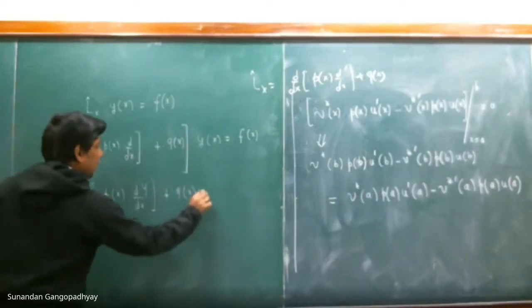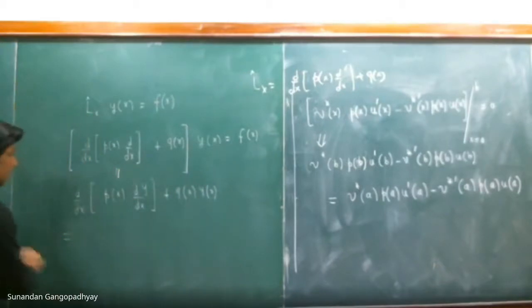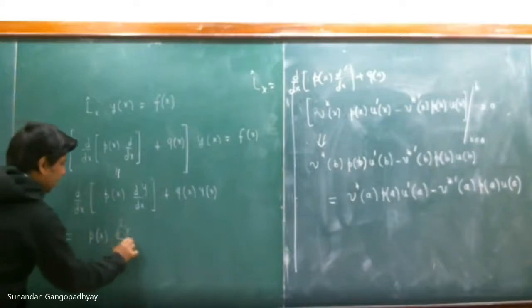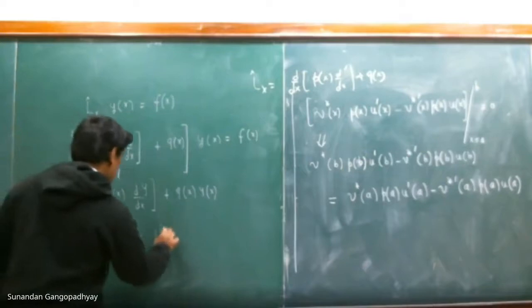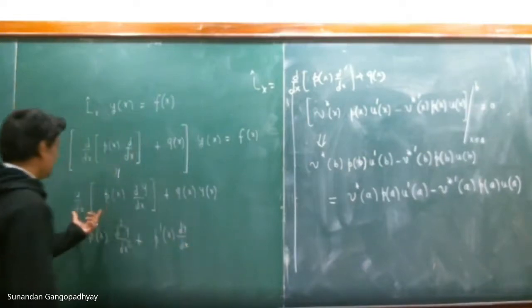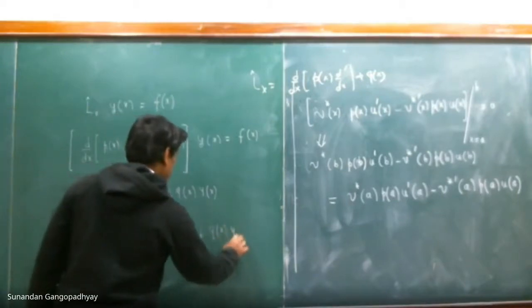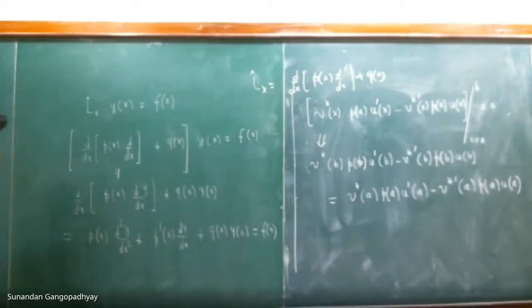So I'm just writing this left hand side, and therefore this is nothing but p(x) d²y/dx² plus p'(x) dy/dx. So you get these two terms plus q(x) y(x), and that is equal to f(x). So this is your differential equation.